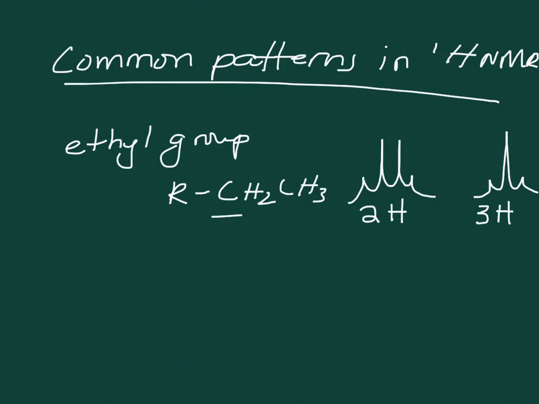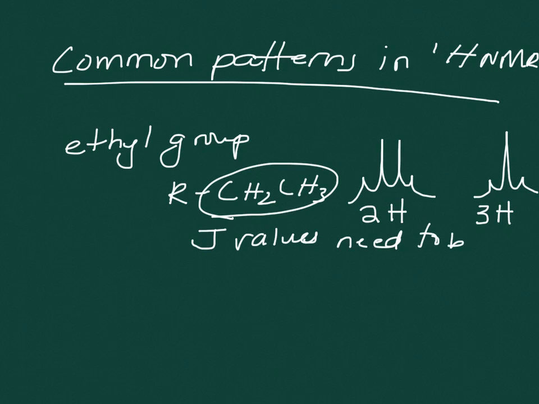And remember, for it to be an ethyl group, the J values need to be the same. If you are not given J values, you can do this by inspection of the spectra.